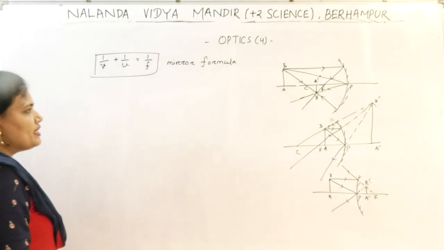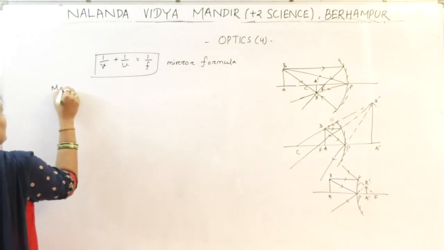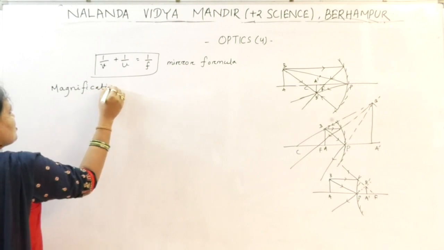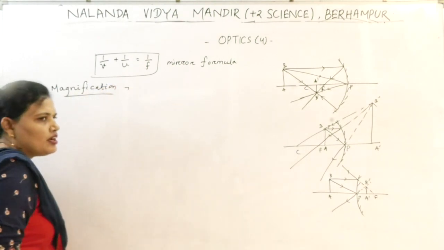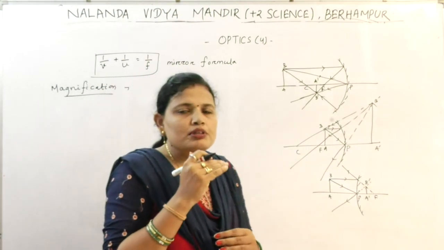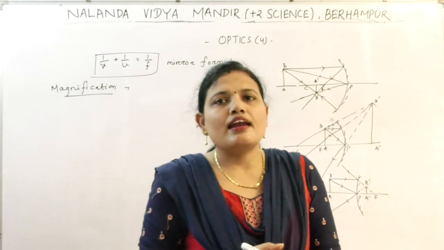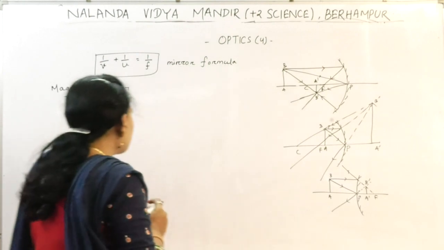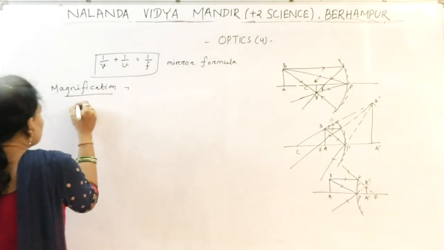Today we will discuss about the magnification in a mirror. So what do we mean by magnification? Magnification means how much the image size is enlarged in comparison to the object size. The magnification is two types.